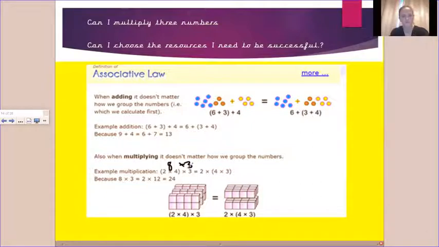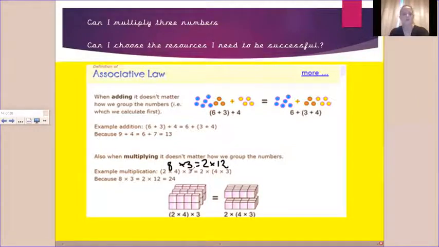3 is equal to, remember, it has to be equal on either side, 2 times, and then 4 times 3 we've worked out is 4, 8, 12.